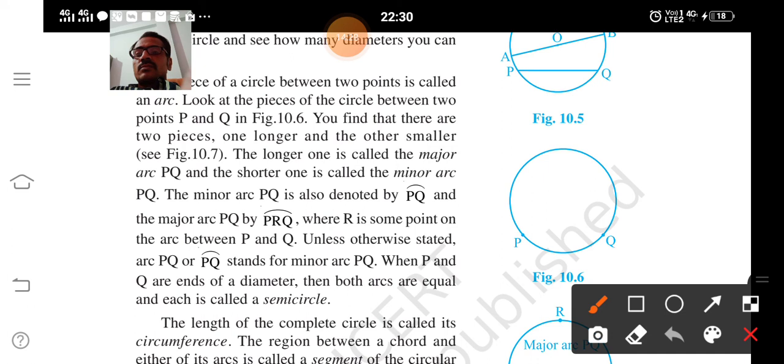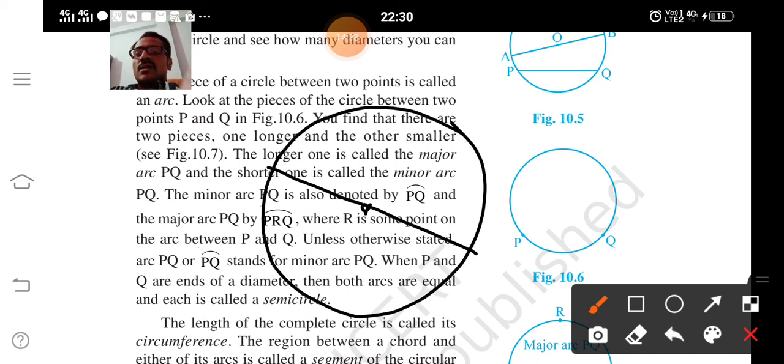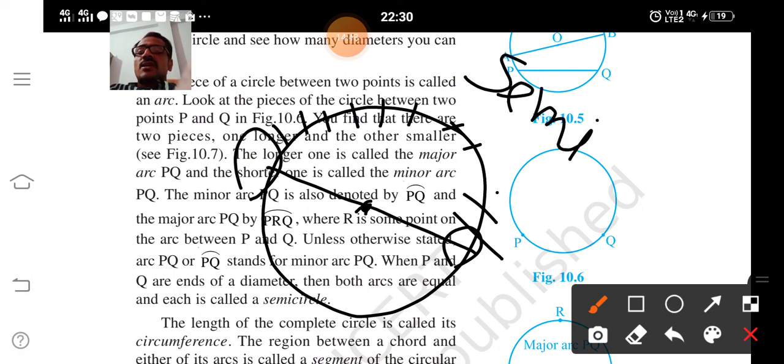Now, we know very well the chord passing through the center is called the diameter. These are the two end points. So the arc which is formed by the two end points of the diameter is called a semicircle arc.